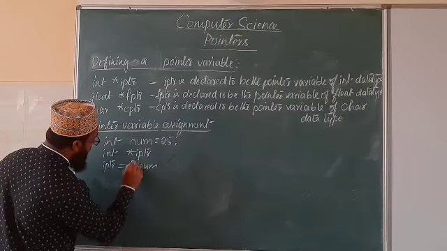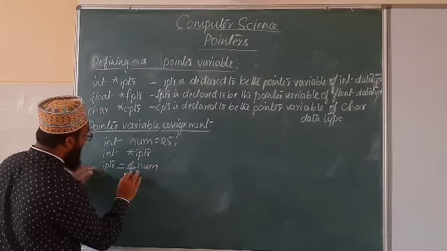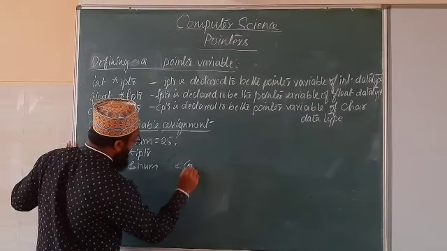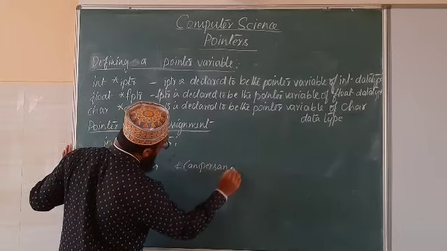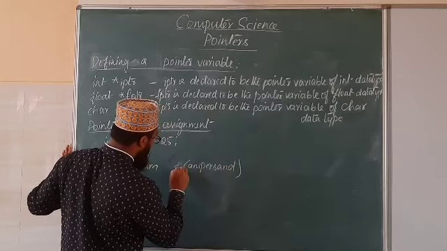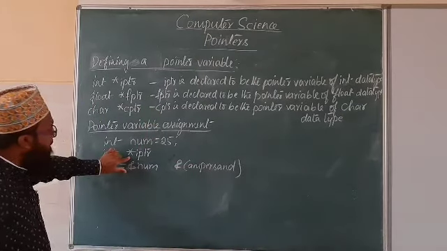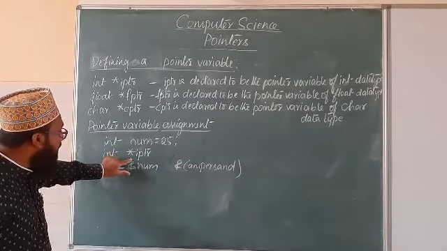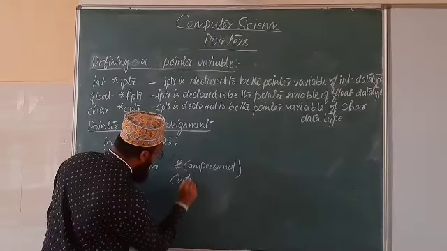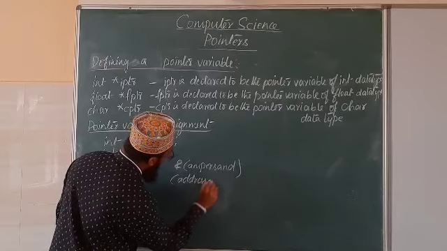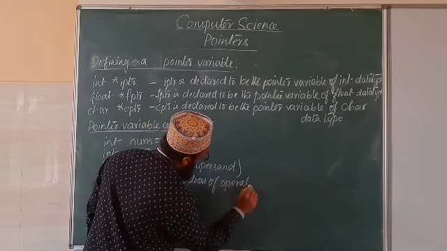Like this, we have to define the pointer variable. This is not the and sign, this is called ampersand. This ampersand operator is called the address of operator.